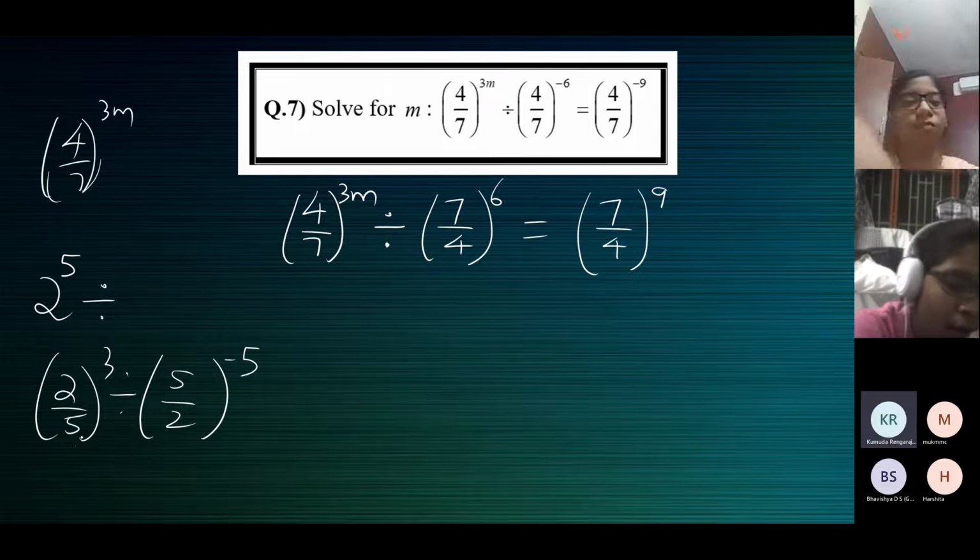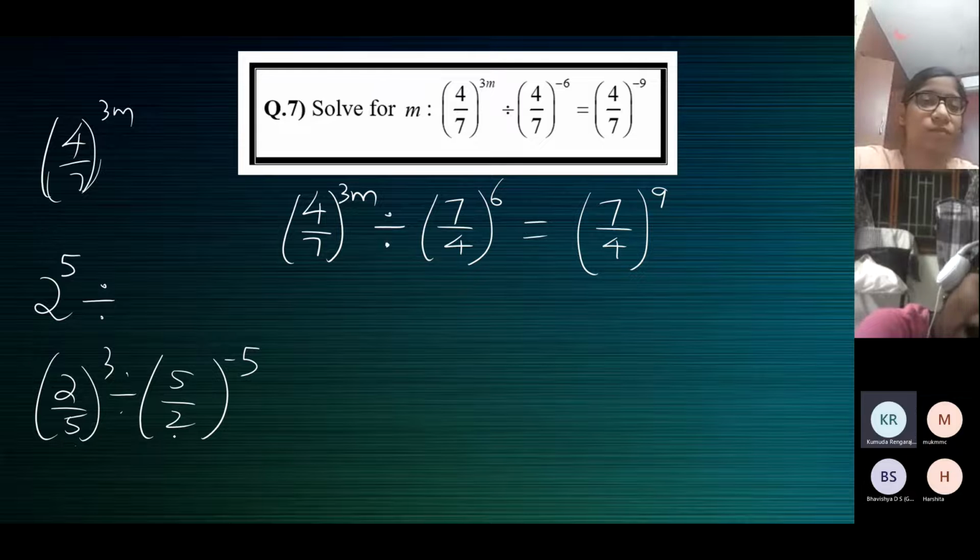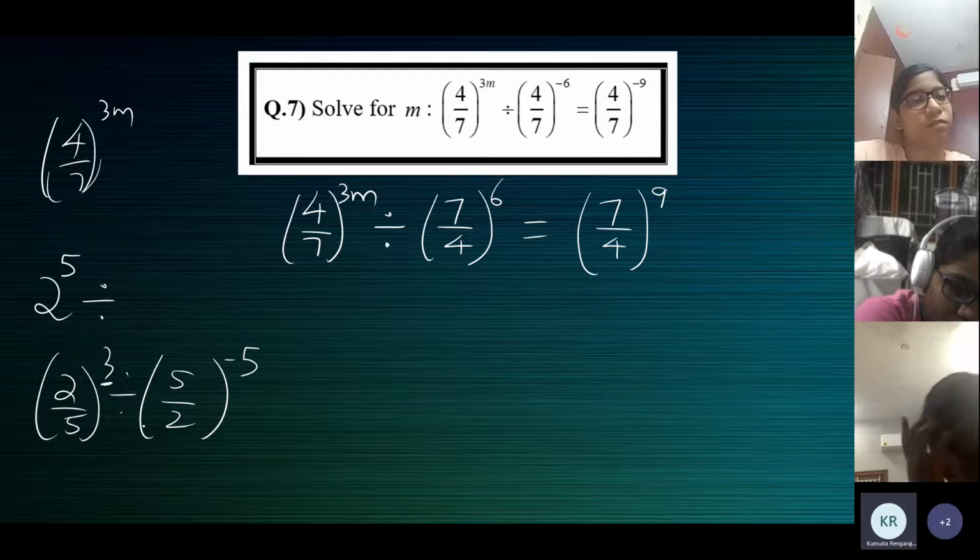Now, you want to do something with 2/5 and 5/2, I think. But 2/5 is not free, it's raised to the power 3. 5/2 is not free to be simplified, it's raised to the power minus 5.